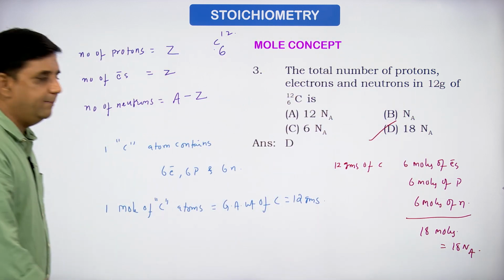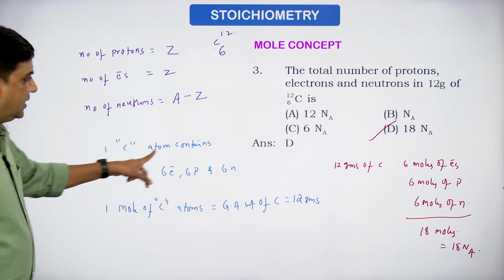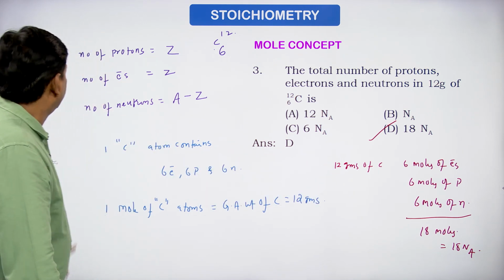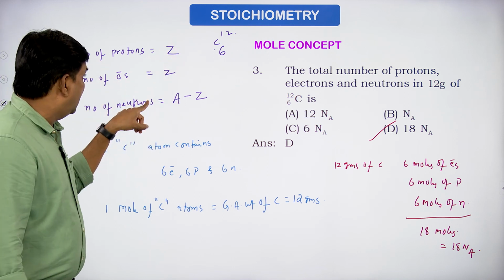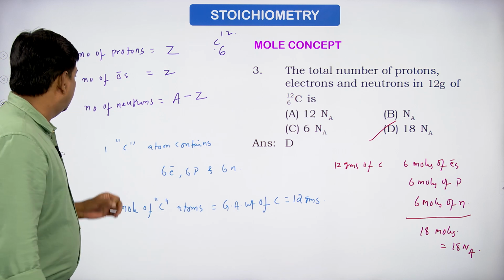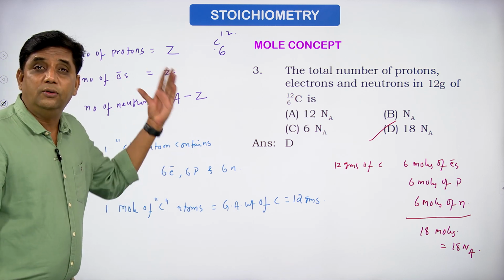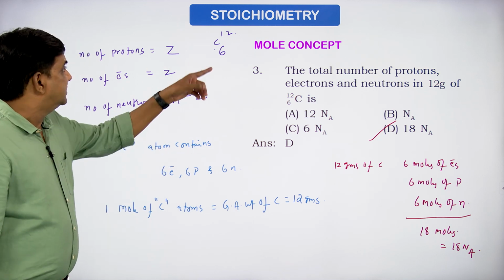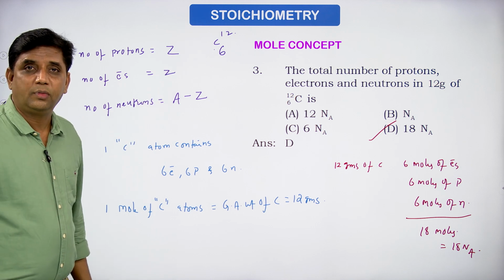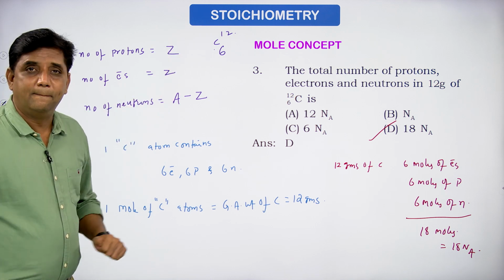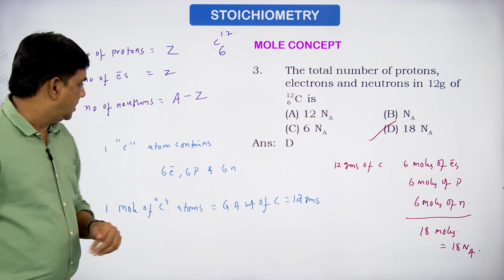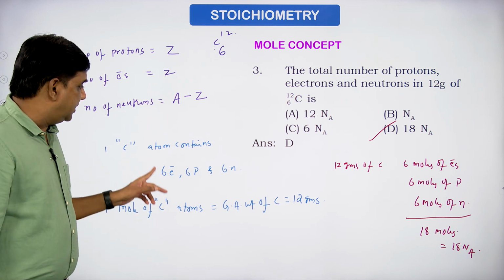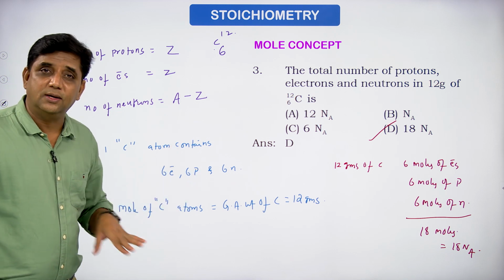Therefore, the answer is D. The clear-cut solution is right in front of you. Number of protons is always equal to atomic number Z. Number of electrons is also equal to atomic number Z. Number of neutrons is equal to A minus Z. For 6C12, 12 minus 6 is equal to 6 neutrons. So, one carbon atom contains 6 electrons, 6 protons, 6 neutrons.